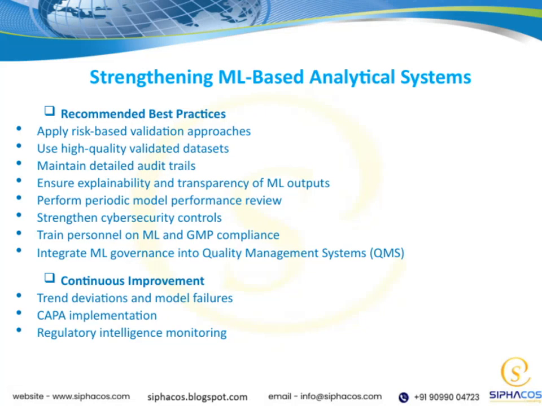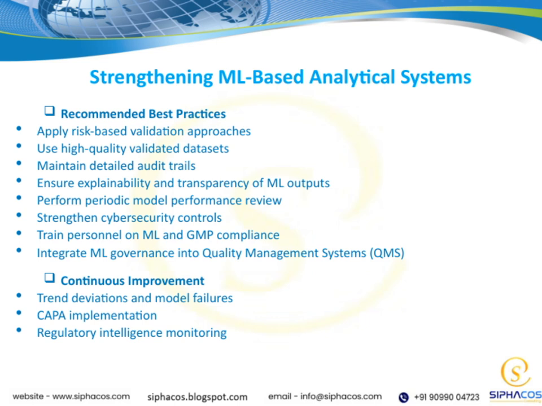When it comes to strengthening ML-based analytical systems, there are several best practices we should focus on. First, applying risk-based validation approaches helps us prioritize areas that could pose the greatest impact, ensuring we're thorough where it matters most. Using high-quality validated datasets is essential because the accuracy of our models depends heavily on the data they're trained on.